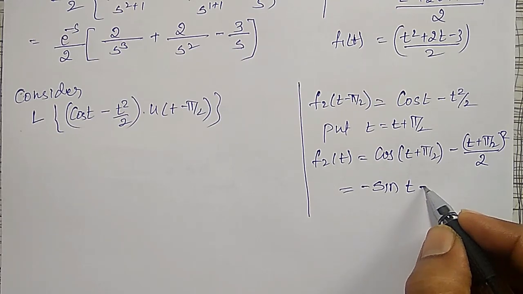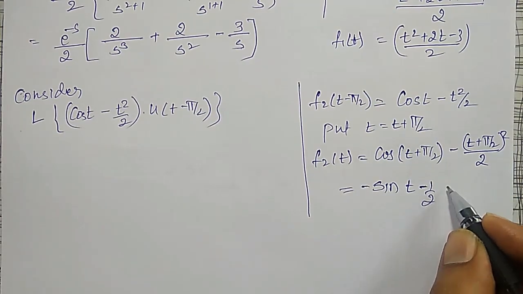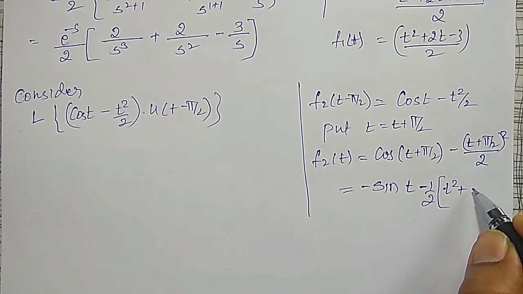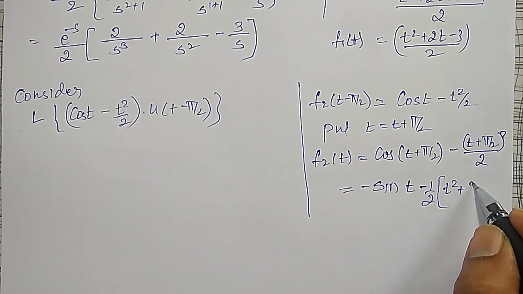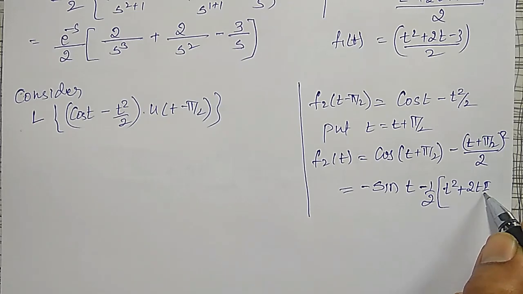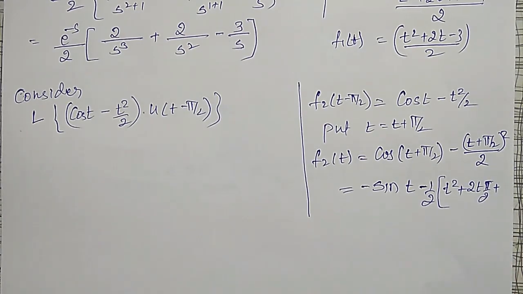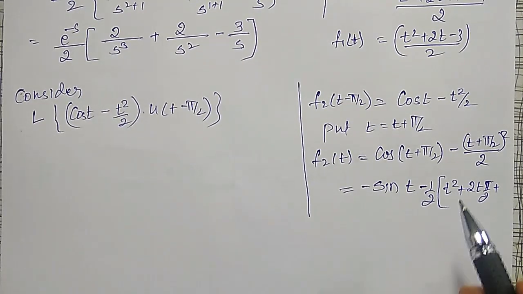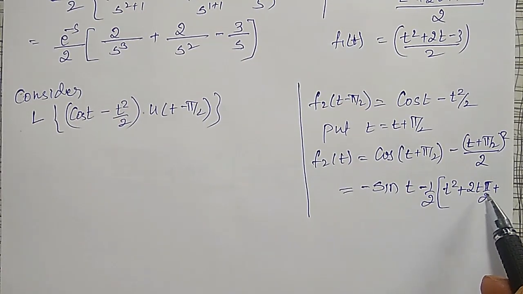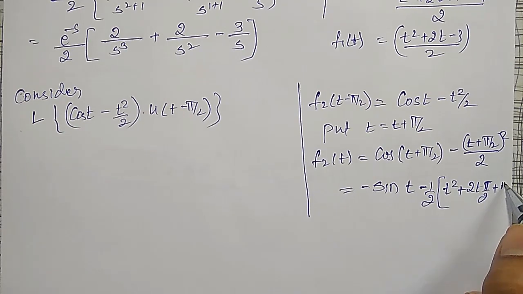Minus, expanding this, 1 by 2 I will take common outside, expanding this: t square plus 2 into t into pi by 2 plus, this is nothing but a square plus 2ab plus b square, that is pi by 2 the whole square.